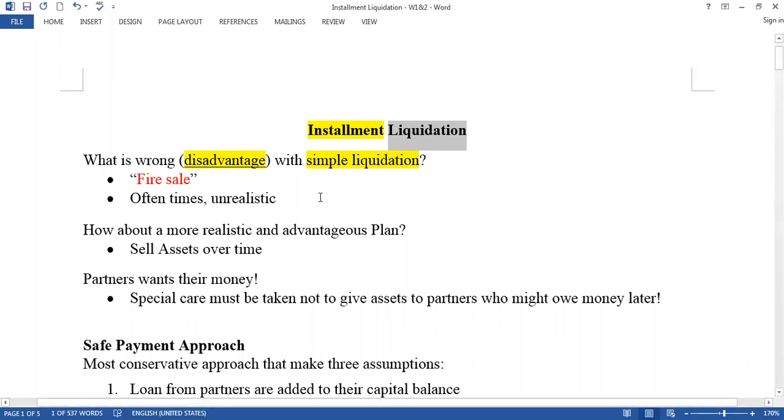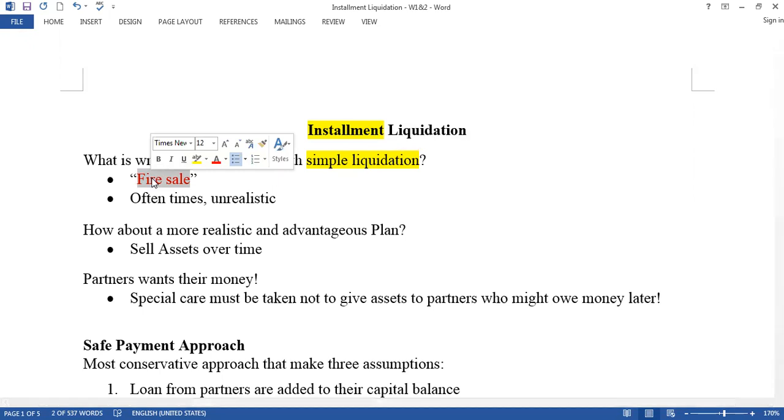So what are the disadvantages here? You sell your assets very quickly and try to receive some money from the market. But when you sell something very quickly, you have to sell it at a discount. If people know that you are going to liquidate your partnership business, maybe they are not going to give you more money. So if you sell very fast, you have a chance to have some loss.